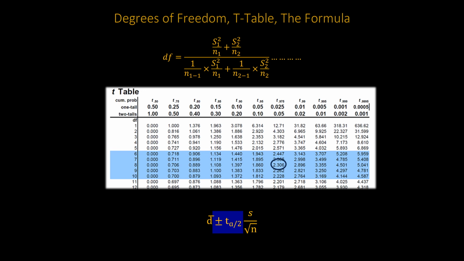Now for that little item at the bottom here. It is the formula shown in every textbook. Now the bar D simply represents the average value of a given difference between samples. The bar simply represents average. The plus or minus symbol is simply the plus or minus value given, and that t alpha divided by 2 part of the equation, highlighted in blue, simply refers to the first 3 rows of the table.